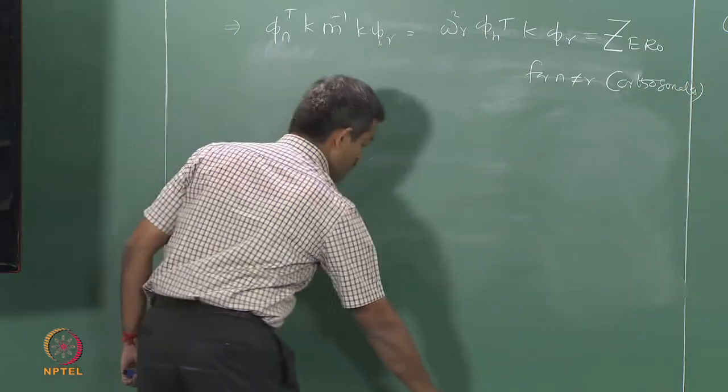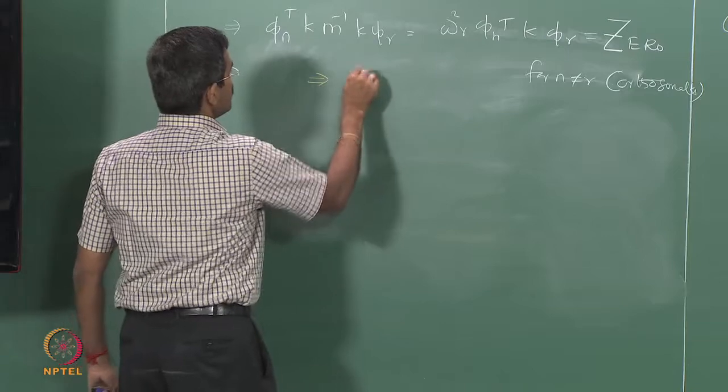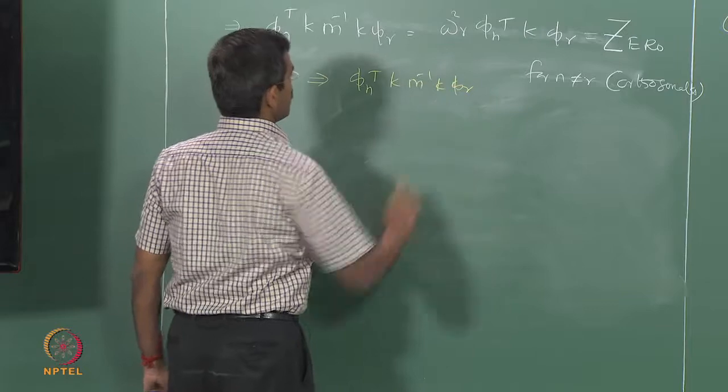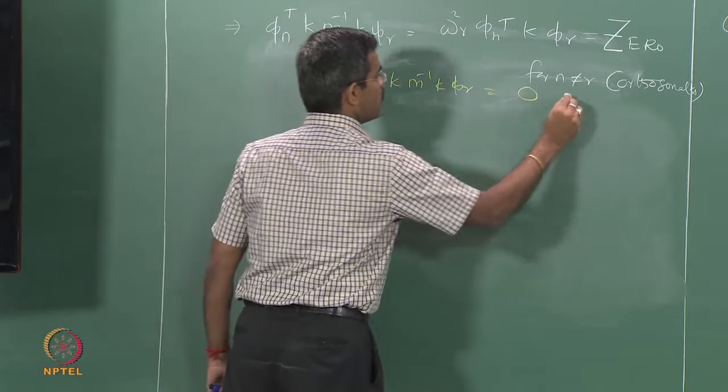So, this implies phi n transpose k m inverse k phi r is set to 0, equation 2.